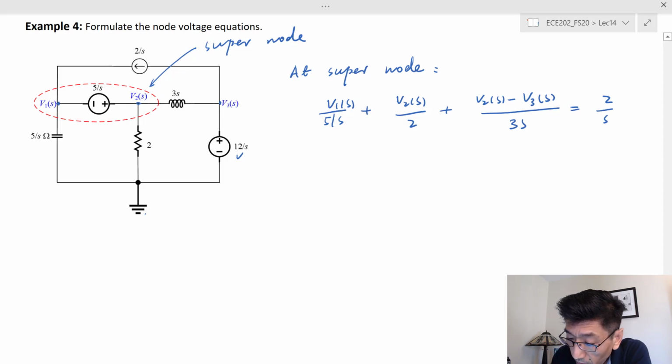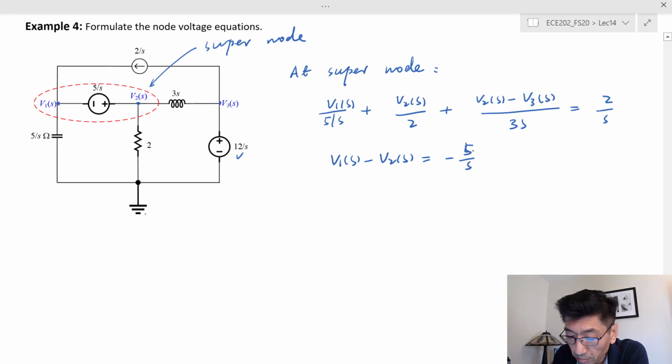So the node voltages V1 and V2 are related to each other, and we can write another equation inside this supernode. In this case, we have V1 minus V2 equal to negative 5 over s.